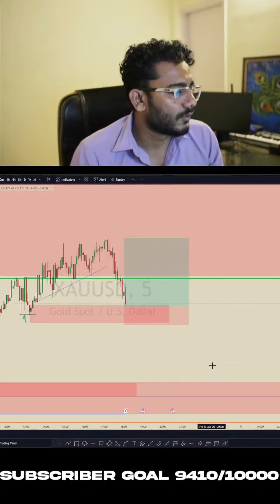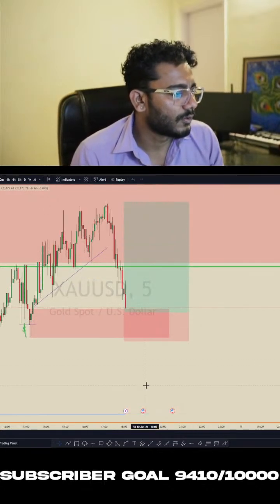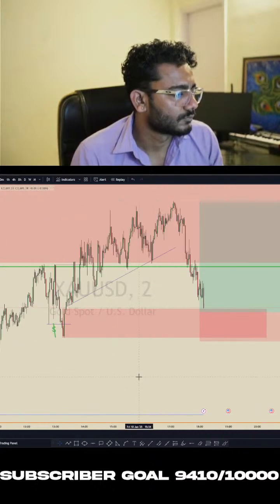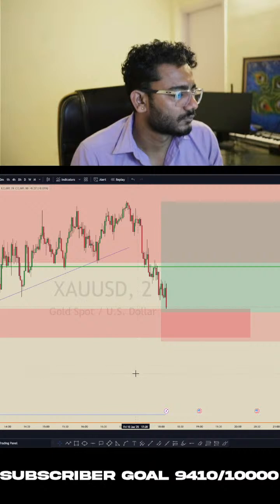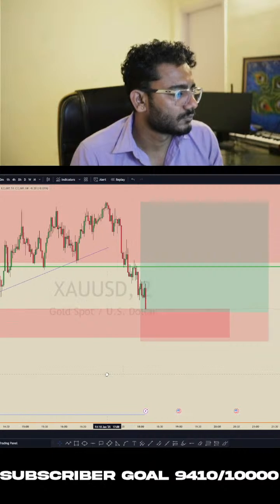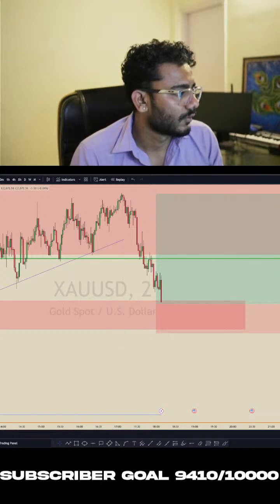So price has tapped our order block. This is our refined order block, which is this one.